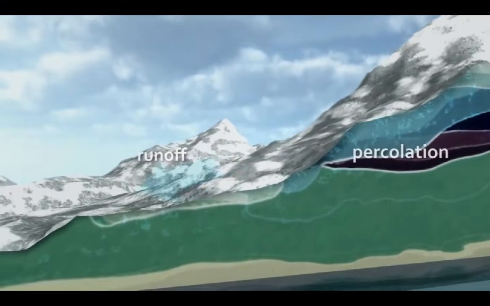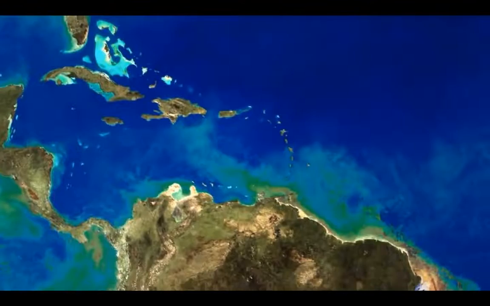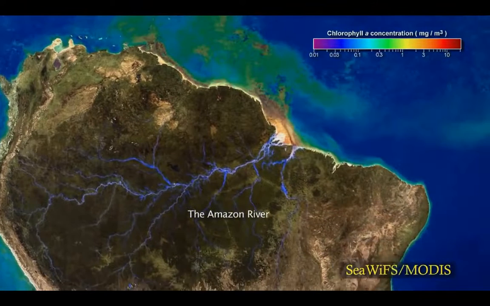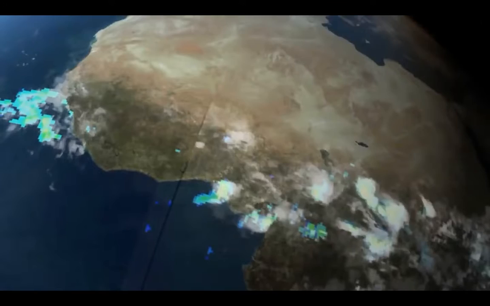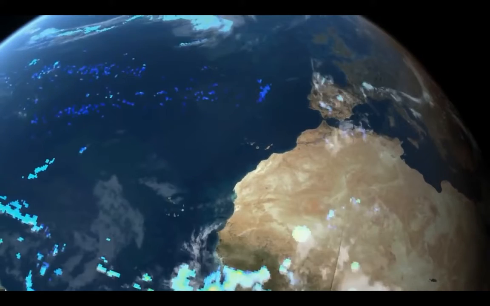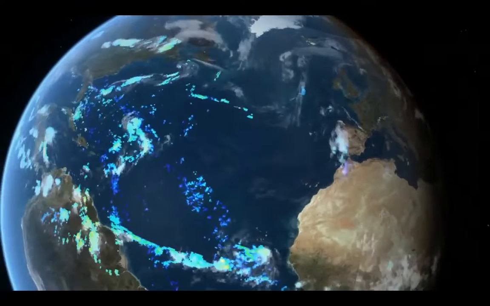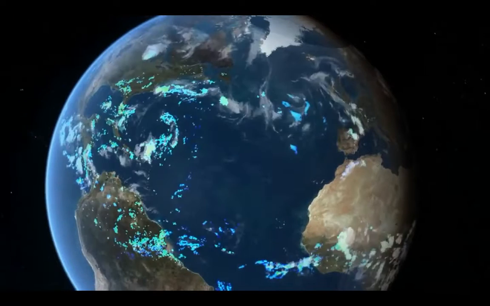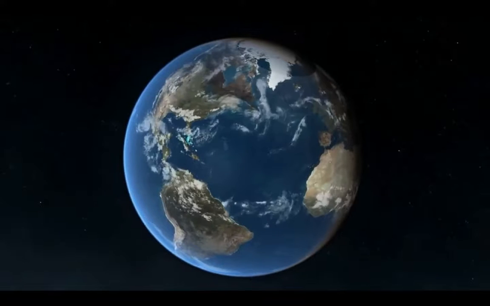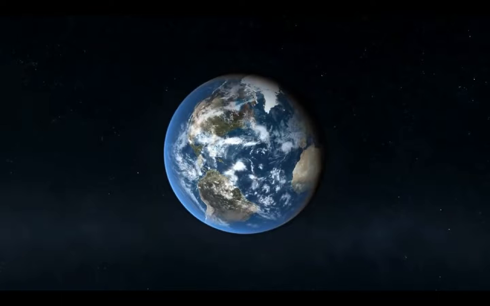Eventually, the water will evaporate to the atmosphere or return to the ocean in streams and rivers, providing a source of nutrient-rich water that supports ocean life. Sensors on a suite of NASA satellites observe and measure water on land, in the ocean, and in the atmosphere. These measurements are important to understanding the availability and distribution of Earth's water, which is both vital to life and vulnerable to the impacts of climate change and a growing world population.